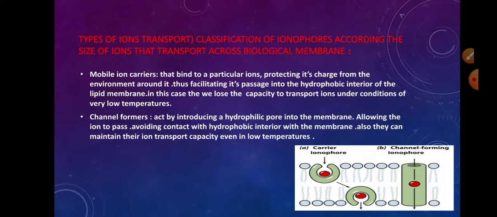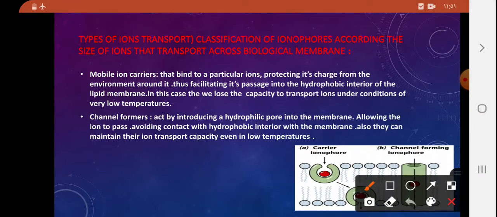The first one is mobile ion carriers that bind to a particular ion, protecting its charge from the environment around it, I mean the hydrophobic membrane, thus facilitating its passage into the hydrophobic interior of the lipid membrane. In this case, we lose the capacity to transport ions under conditions of very low temperatures.